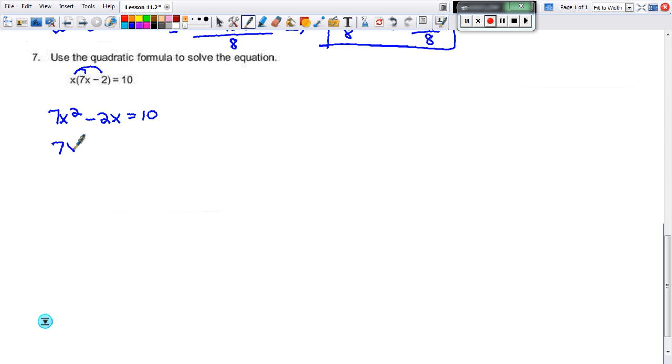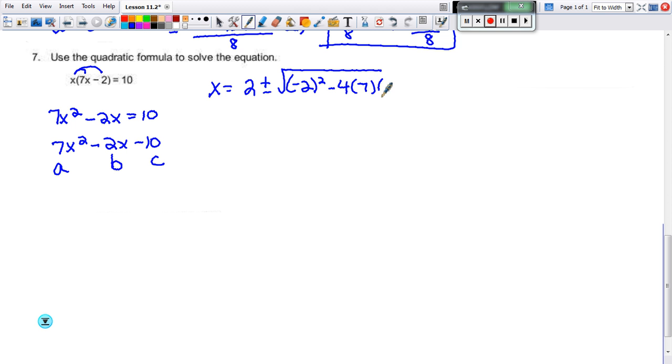So you get 7x squared minus 2x minus 10, A, B, C. So x equals the opposite of b, so the opposite of negative 2 is positive 2, plus or minus the square root of b squared, negative 2 squared, minus 4ac, all over 2a.